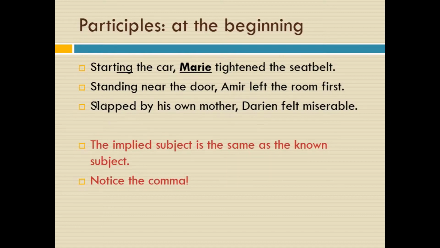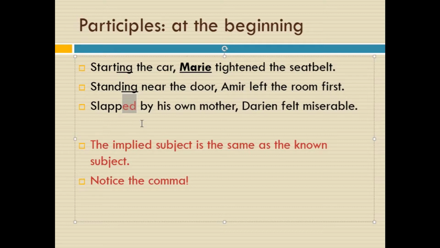We have the comma because we are using the participle at the beginning of the sentence. That much is clear. But in this case, as you notice, I don't have ing anymore. What do I have instead? I have ed. What does the ed imply?